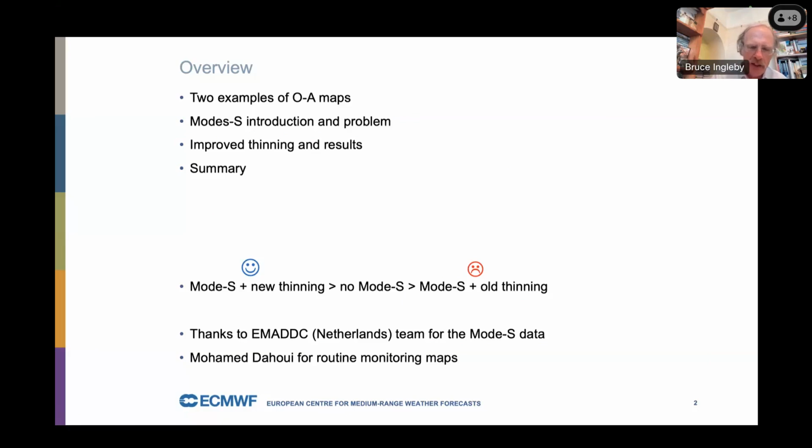Not using Mode S at all was better than that, but using Mode S with more severe thinning is better than either of those two. And the data is provided by the EMADDC team in the Netherlands.